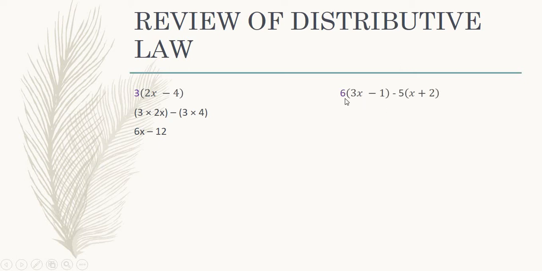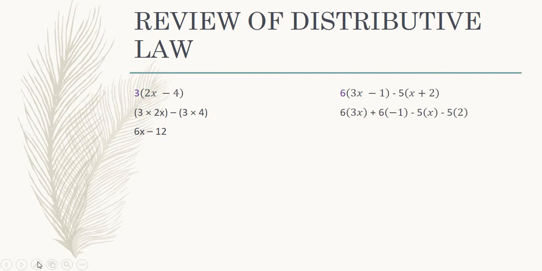Now take another example: 6 times (3x minus 1) minus 5 times (x plus 2). The approach is that you're going to take this 6 to multiply each term inside of the first bracket. And then you're going to take this minus 5 to multiply each term inside of the second bracket. So it's going to be 6 times 3x, plus 6 times negative 1, minus 5 times x, minus 5 times 2.